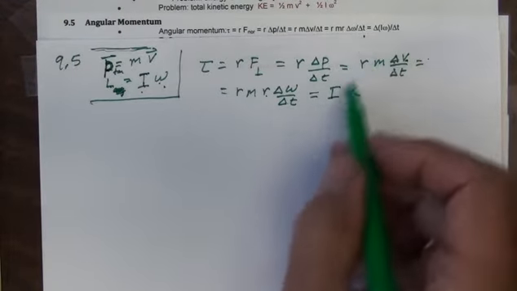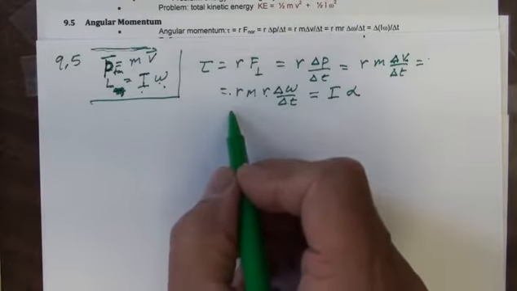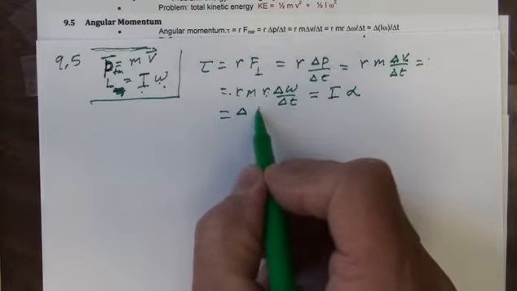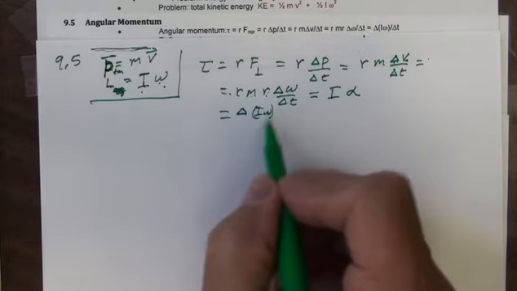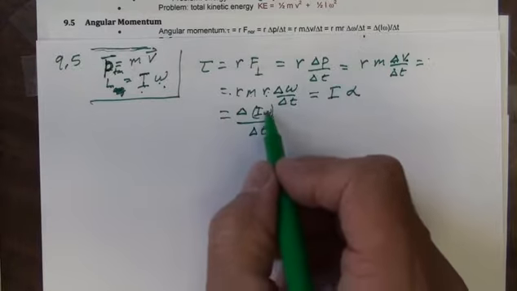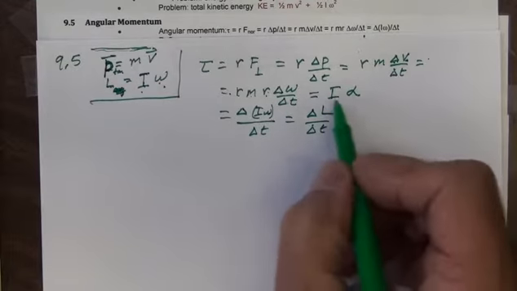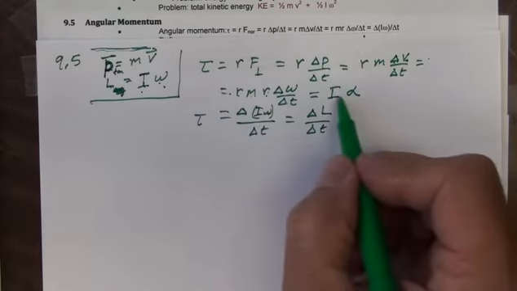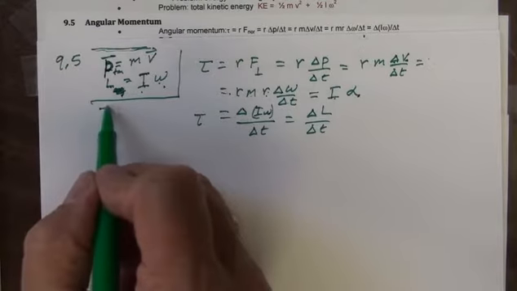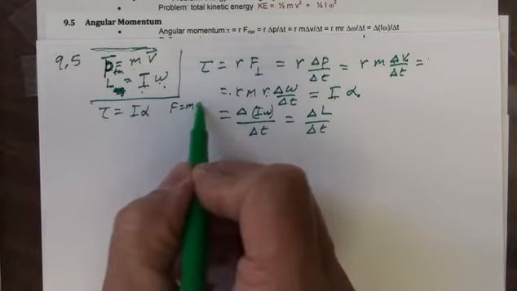But we can also take this as, take the change and bring it back all the way over to here, because these are constants, and write this as the change in I omega, where this is I omega dt, and I omega is now equal to L, change in L over change in time. So whether we look at how the torque is built as I alpha, so we can say this first equation we derived says torque is equal to I alpha, that's like F is equal to ma.